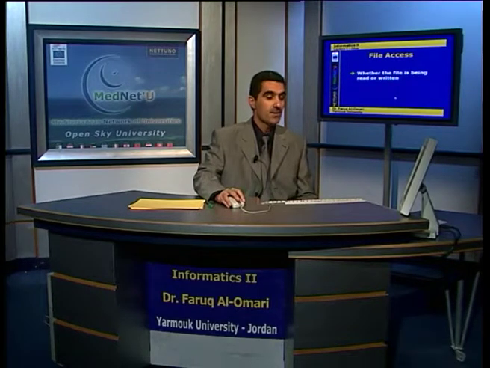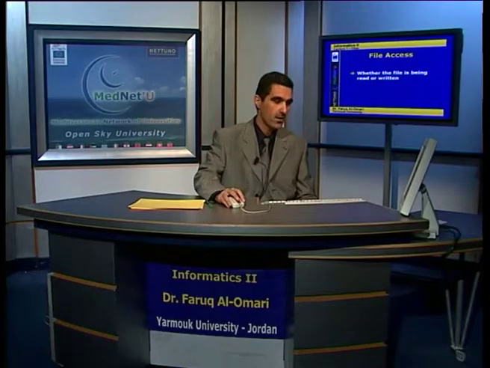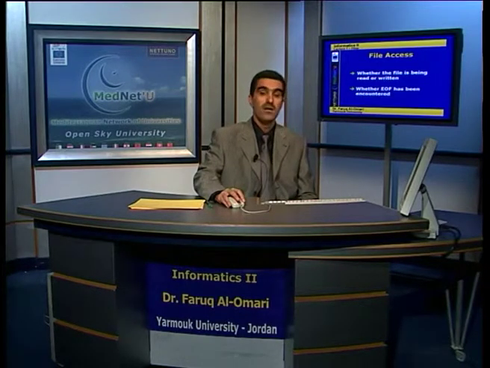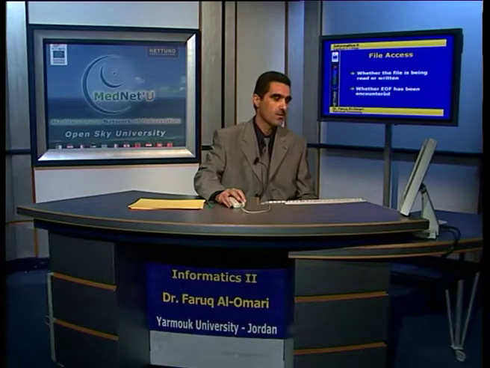Whether the file is being read or written, we're going to elaborate on this in a moment, because when you open it, you say I'm opening it to read something from that file, or to write something to the file, or to do something else. And whether end of file has been encountered or not. This EOF, end of file marker, is a special character, and we're going to see this in a moment as well.